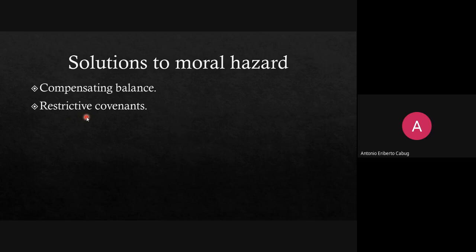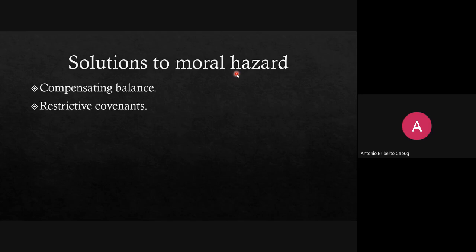So, the restrictive covenant will say that the shareholders of the company cannot make a decision to invest in a project that would put the company's survival at high risk. Okay? Those are examples of solutions to moral hazard.